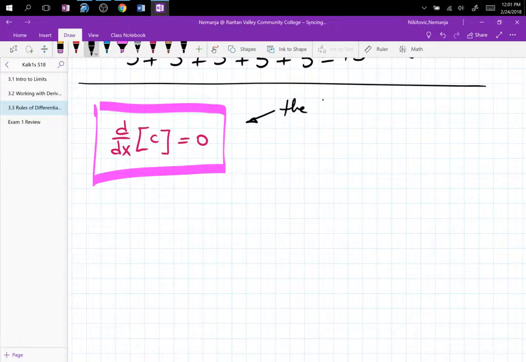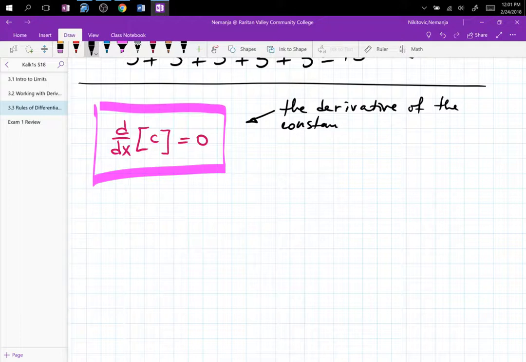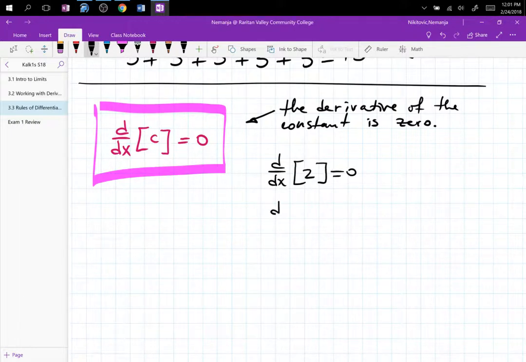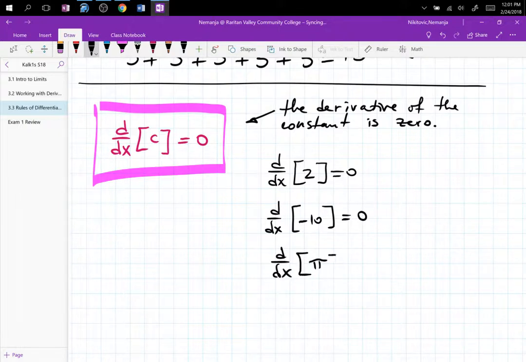So the derivative of the constant is 0. So the derivative of 2 is 0. The derivative of negative 10 is 0. The derivative of pi is 0.